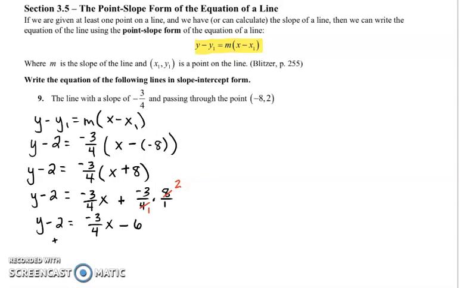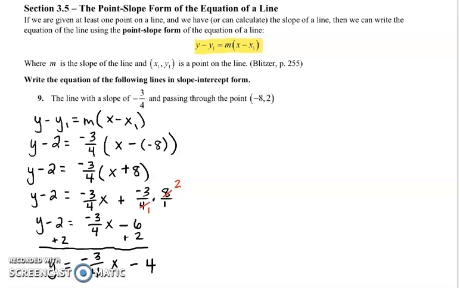And then all we have to do is add 2 to both sides of the equation so that we've solved for y. So y equals -3/4 x minus 4. And that is our slope-intercept form of that line. Okay.